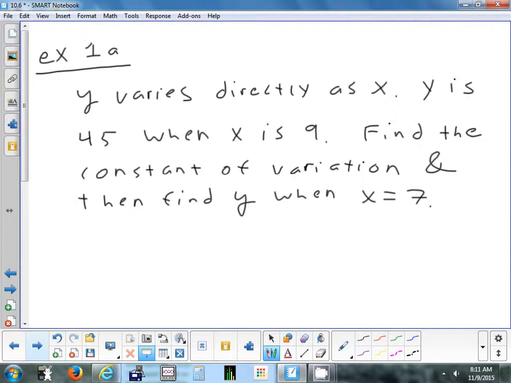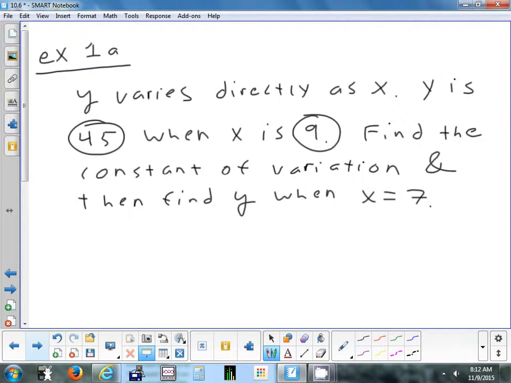Y varies directly as x. That's telling me I'm doing a direct variation problem. That's all. So basically, we're doing what I just taught you. It says y is 45 when x is 9. Find the constant of variation. Let's just start with that.